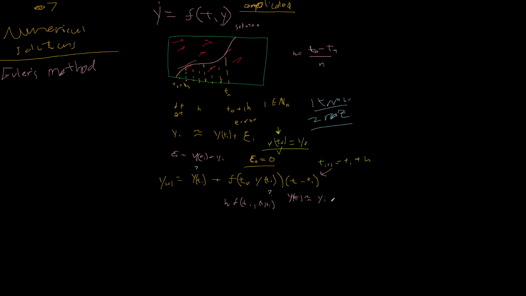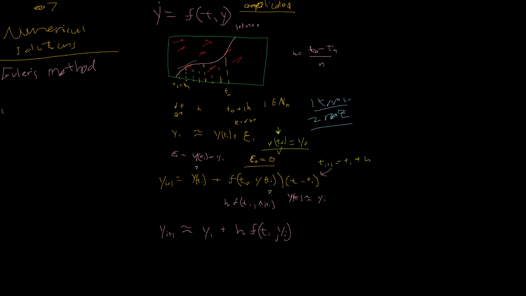And so we obviously know our initial condition y0. I'm going to write down what this would look like: y_{i+1} is approximately y_i plus h times f(ti, yi).